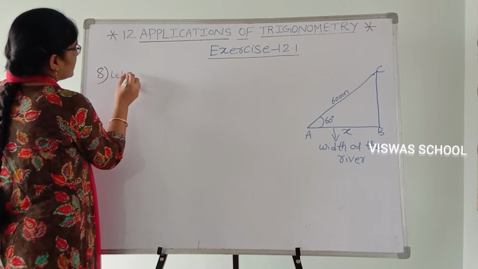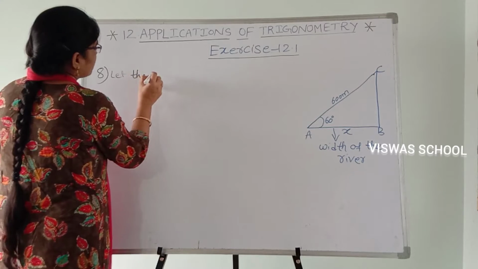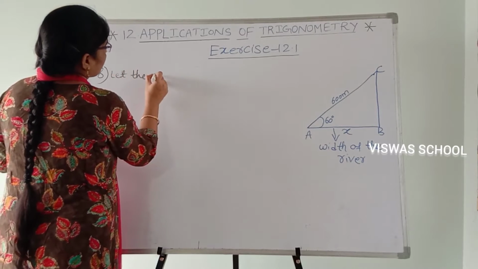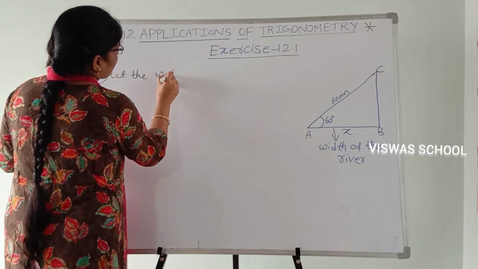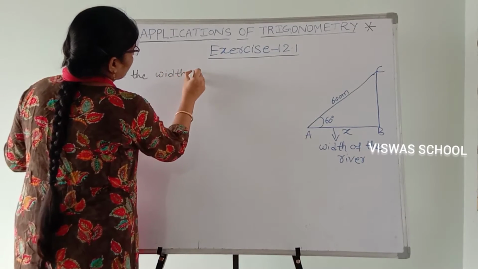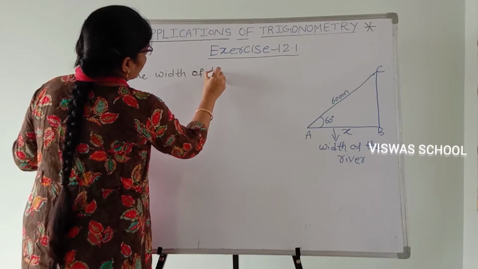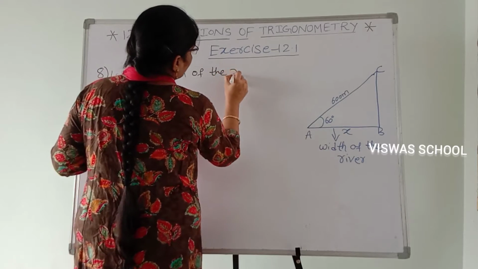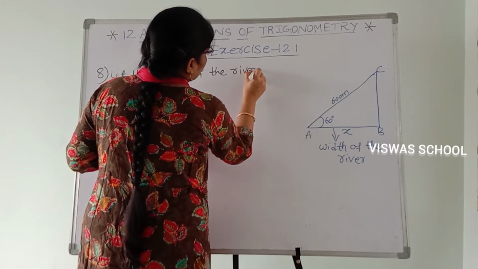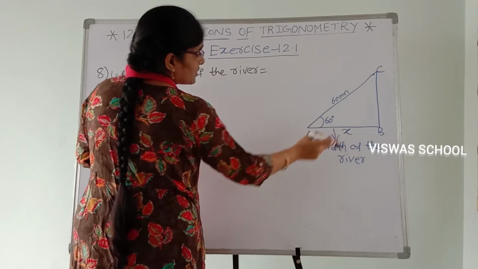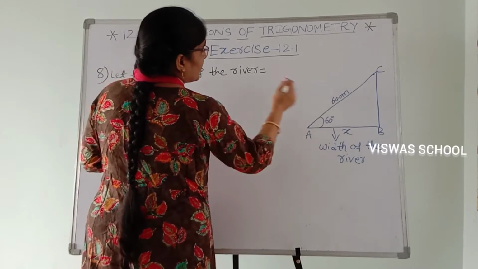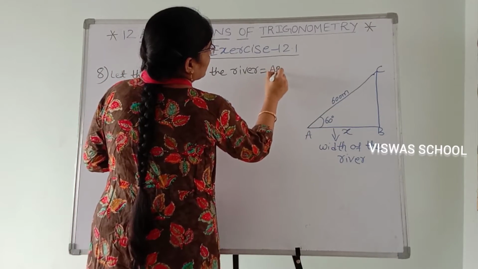Let the width of the river be X. That is, AB is equal to X.